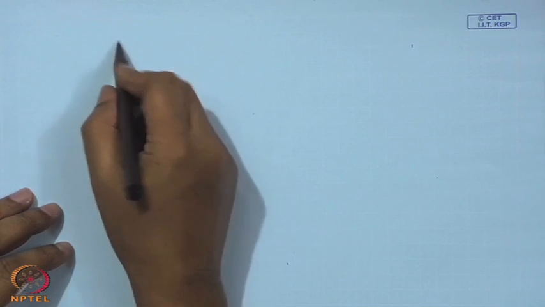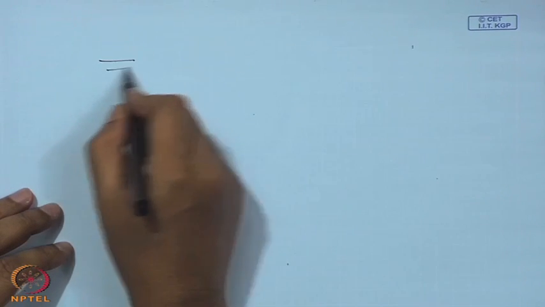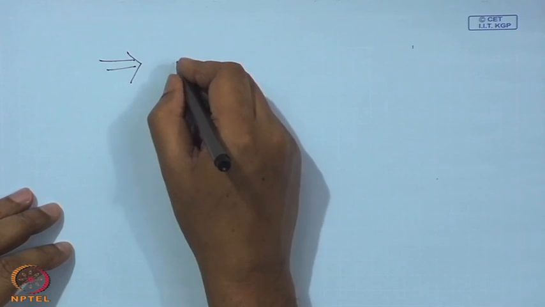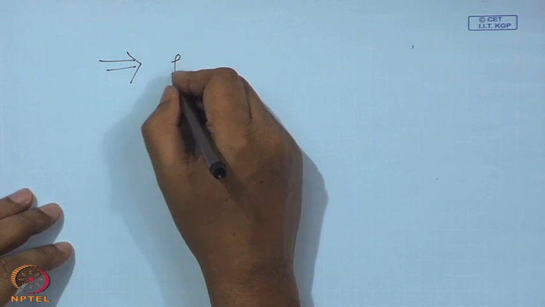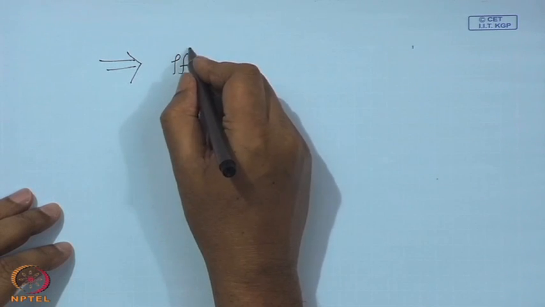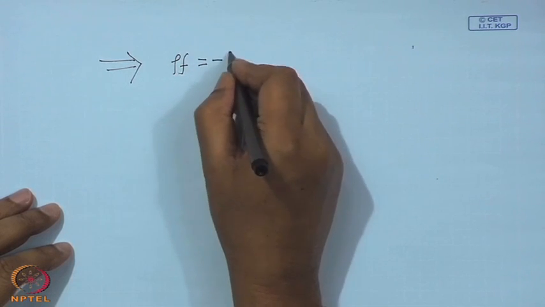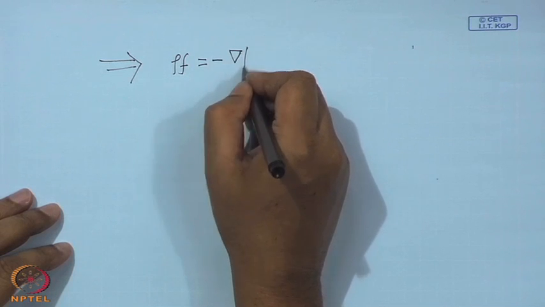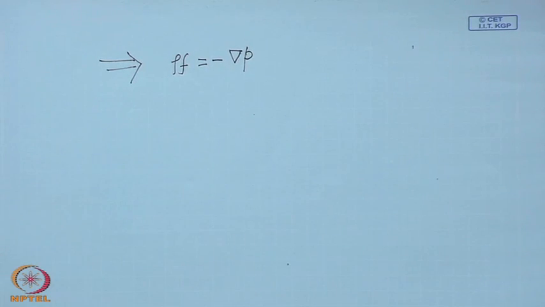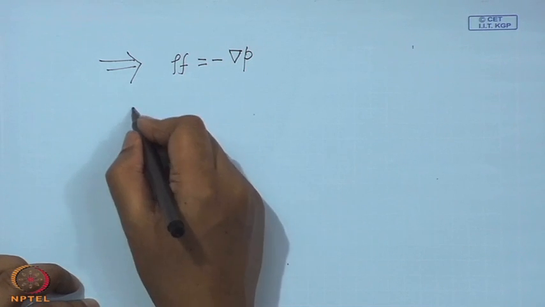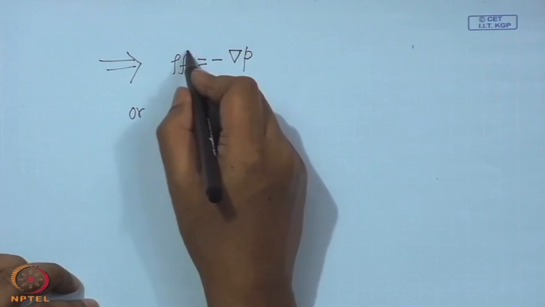So, that is, or to give our notation, this f is a vector.